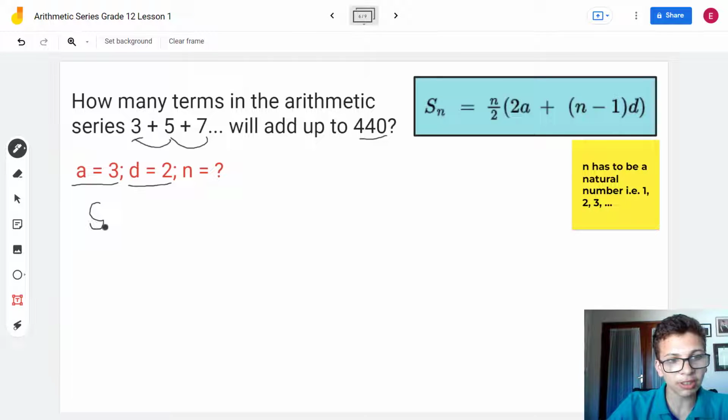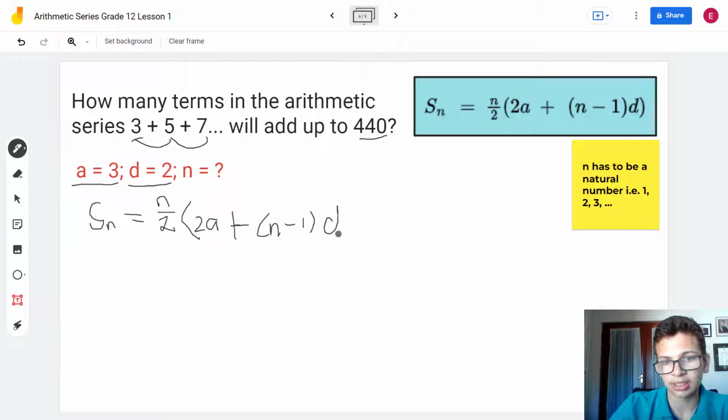So we always start by writing down the formula, because that's always very useful in substituting in whatever information we have. So Sn equals n over 2 times 2a plus n minus 1 times d. Then we substitute.